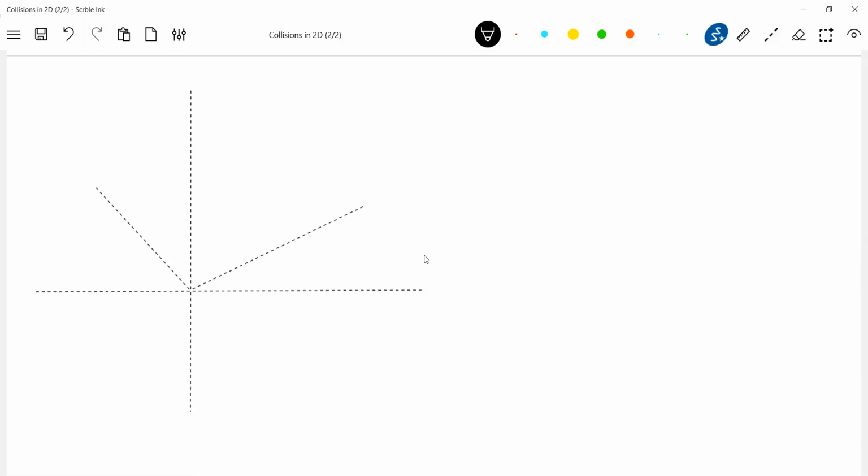Now, there's a ball which will approach with a speed u. So let theta be the angle of incidence. I don't draw the diagram. It will collide here.